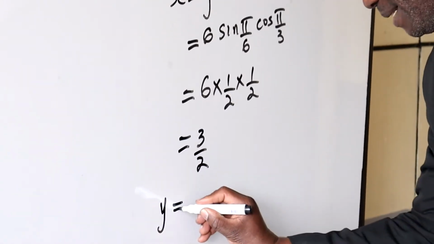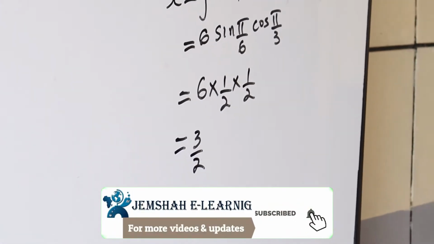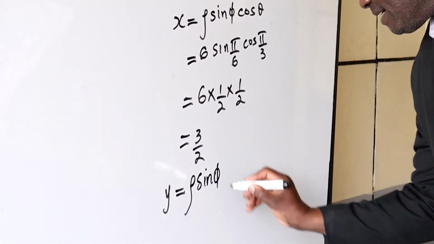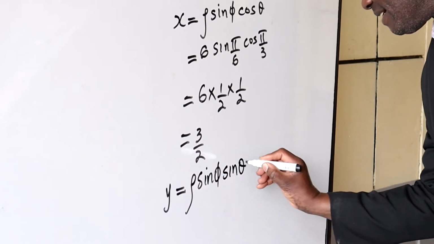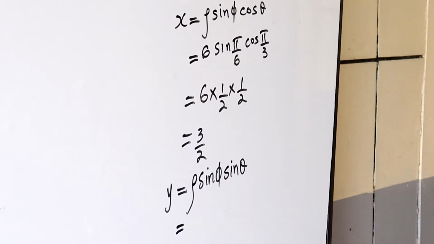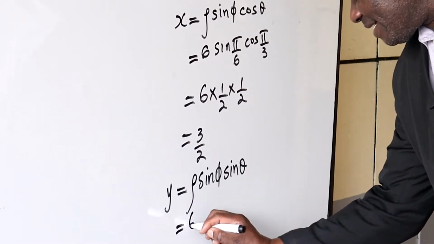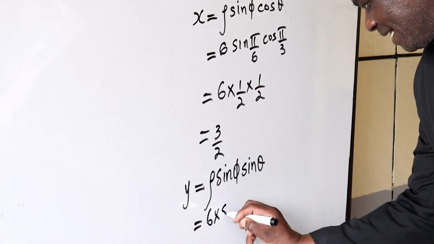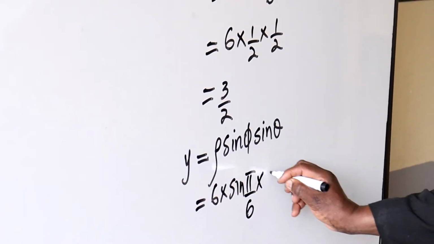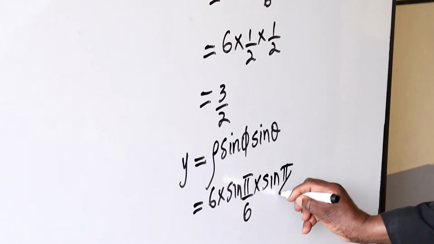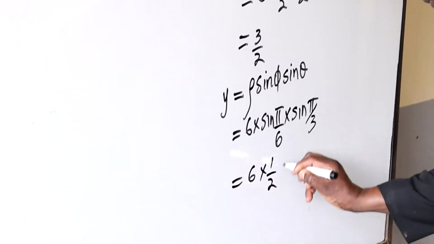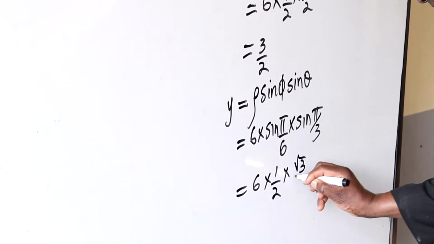y will be equal to rho sine phi sine theta, which will be equal to 6 times sine pi all over 6 times sine pi all over 3, which is equal to 6 times a half times root 3 all over 2.